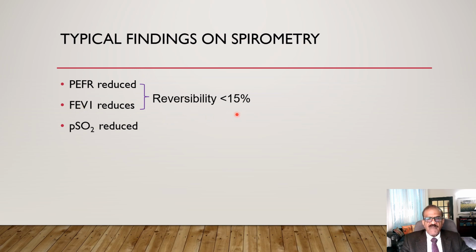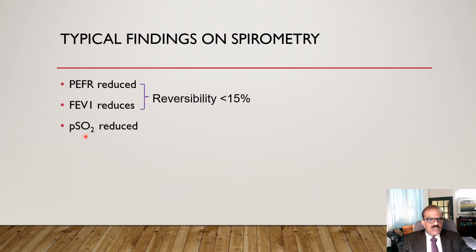So if there is improvement in these parameters, we call it reversible. Since COPD is predominantly an irreversible disease, with the bronchodilator we expect improvement of less than 15%. If it is more than 15%, that means there is an element of reversibility. That means there is an element of asthma also.